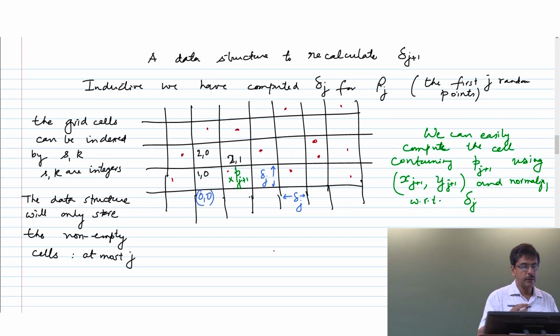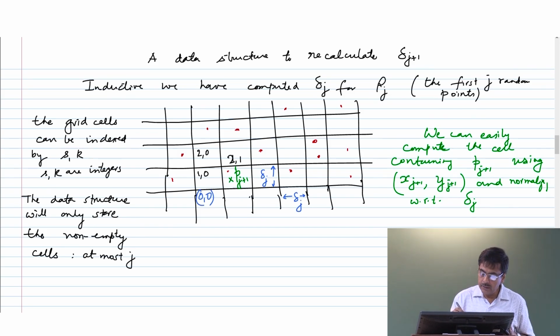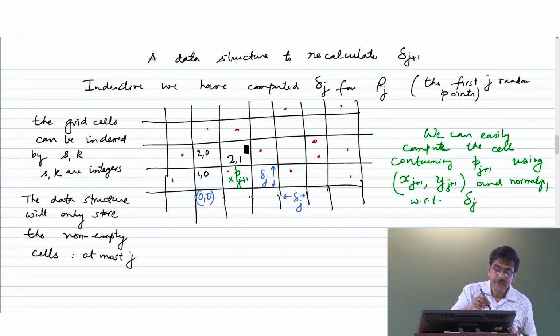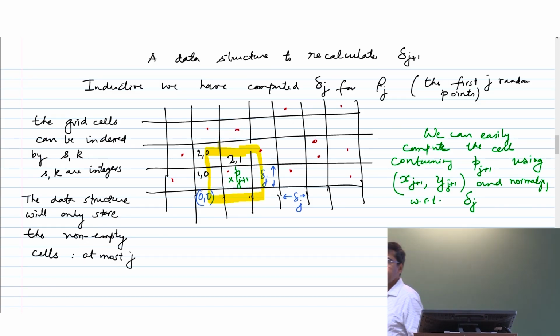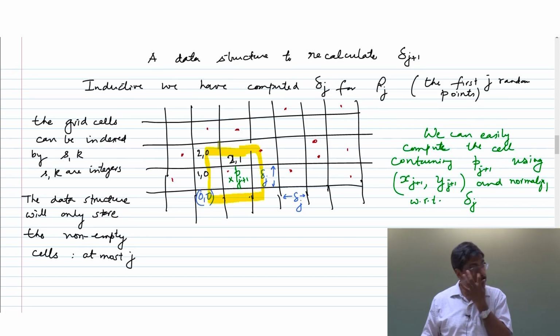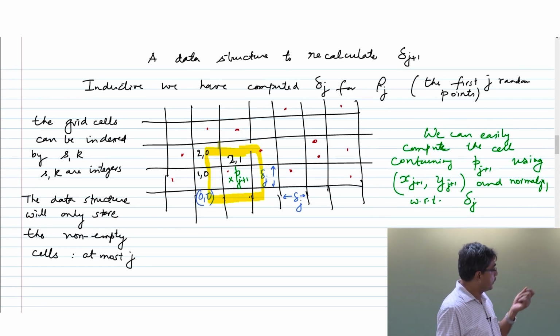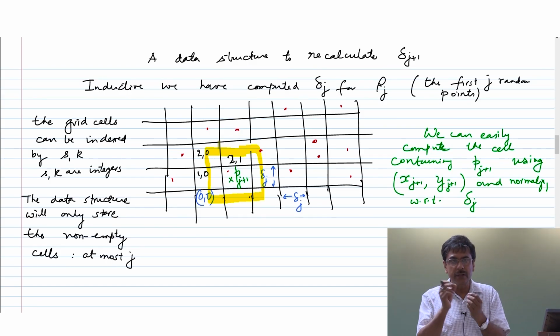For instance, here if you look across, you may have to look across the neighboring cells. Because there could be a point in the neighboring cell which is very close to the boundary and it could be less than delta. Essentially, is there a point that is potentially closer than delta?